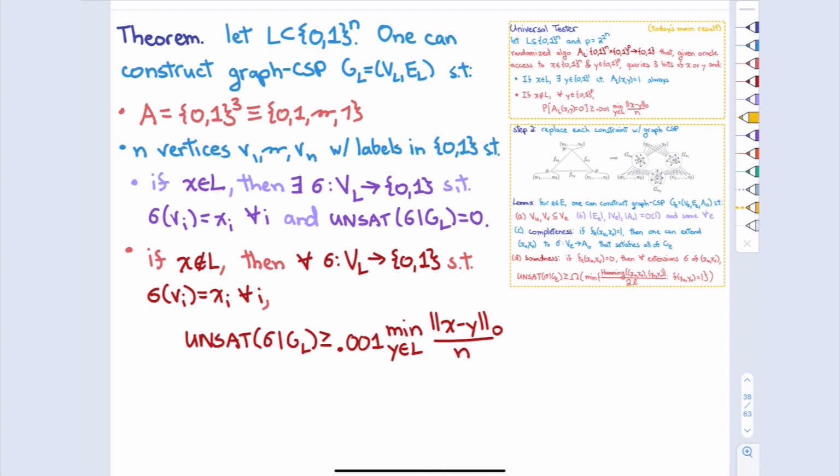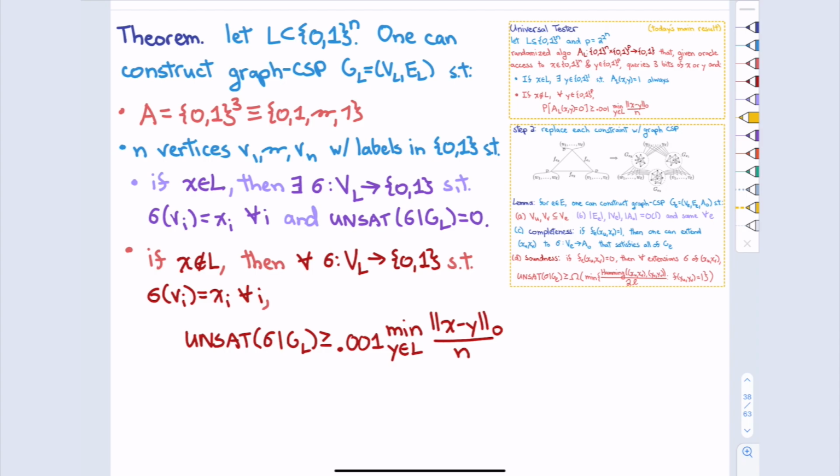The claim is that we can always create a graph CSP with 8 letters in the alphabet, so 0 through 7, although sometimes it's more convenient to think of that as bits of length 3. You'll see why. In general, you'll have more vertices, and we'll see how many.